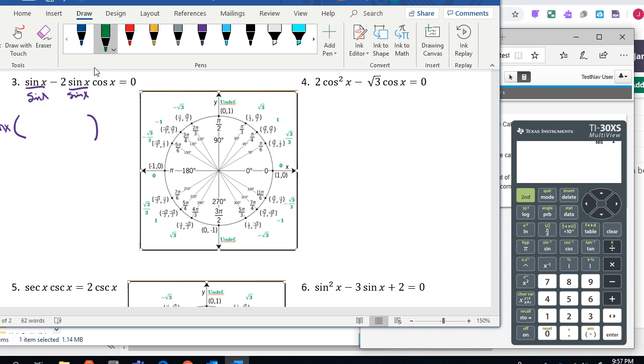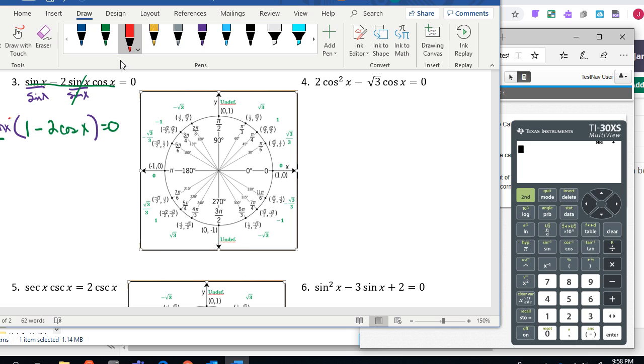And what's left in the middle, well, sine x divided by sine x is 1, minus, this cancels because the sine was pulled out front. So it's 2 cosine x equals 0. Now, if you were to multiply this back through, you would get exactly what you had right here to start with. So I don't want to multiply back through. I'm just saying if you did, that's what would happen.